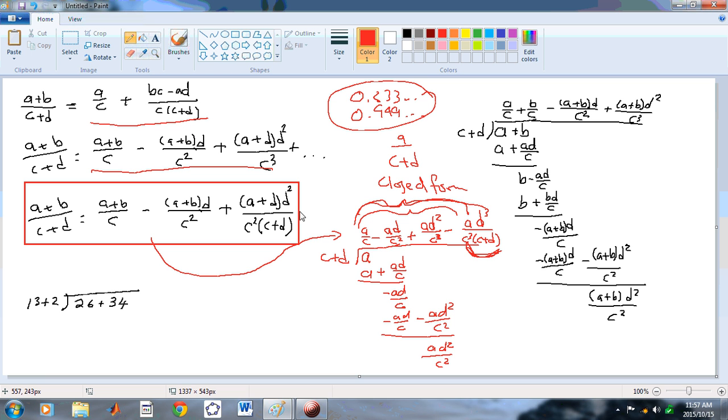Oh, well, it's almost the same. I've actually gone one term further here, and of course this would change to D squared without this, and this would become A plus D cubed over C cubed C plus D. Okay, so then this here would be exactly the same as that. You can see the theory behind it.